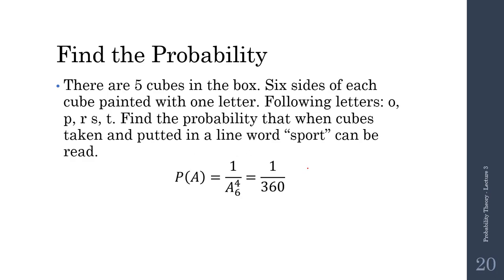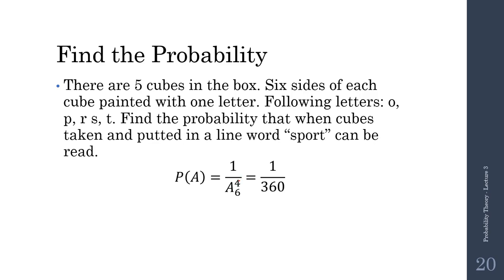There are 5 cubes in the box, each with 6 sides, each painted with 1 letter. The letters are O, P, R, S, T. Find the probability that when the cubes are taken and put in a line, the word sport can be read. This is an arrangement that we can calculate for the word sport appearing from these letters when we choose from the cubes.